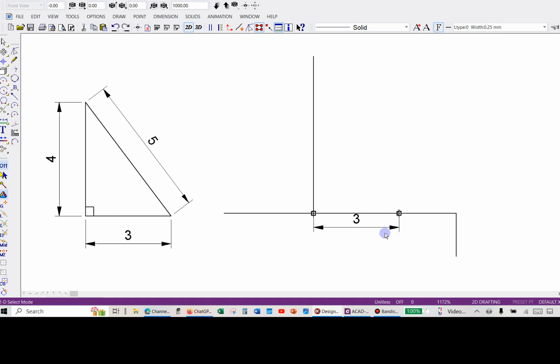Get rid of that 5, it was just a reference for that point. Then you're going to go either direction 3, and out here you swing an arc of 4. You don't know this line yet, so what we're trying to do is establish that square line. That's why this is useful. So go to the arc at 4 feet or 4 units, and then swing an arc from here. That's the 5. And when you snap this line from here to here, that's how you get your right angle.